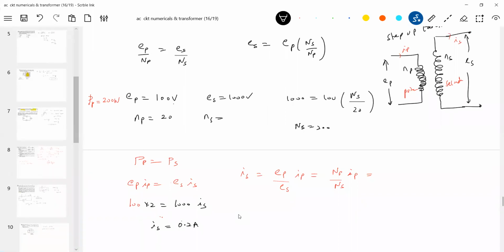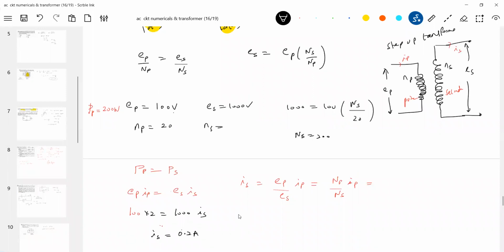what will happen to the current? Current will decrease here. So in a step-up transformer, ES will be greater than EP. Therefore, IS will be less than IP. So overall power will remain the same. The power that was there in the primary coil, that much power will be there in the secondary coil. We are not creating energy here.